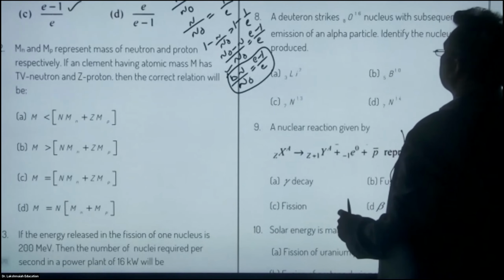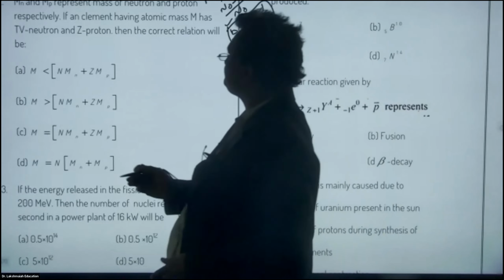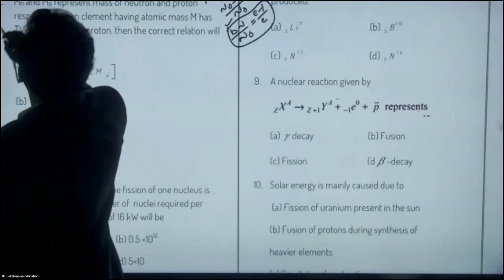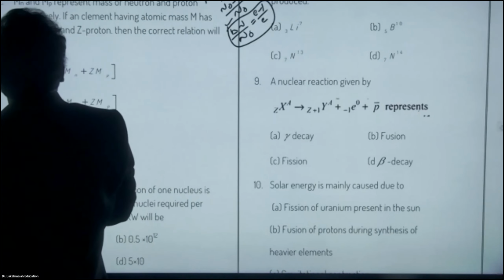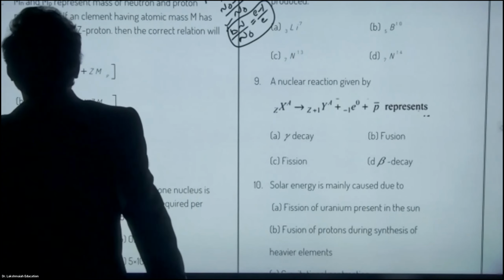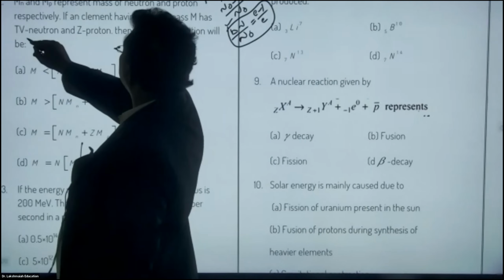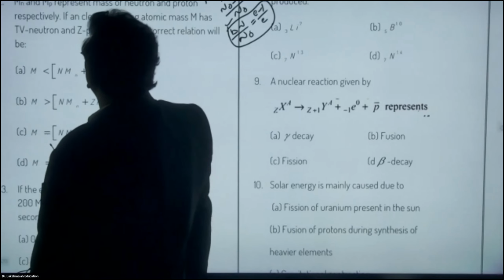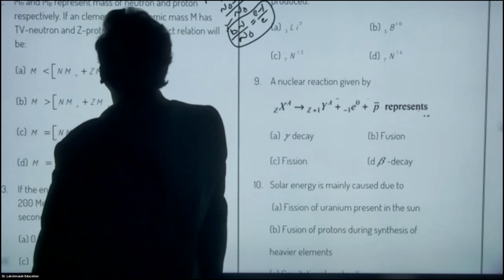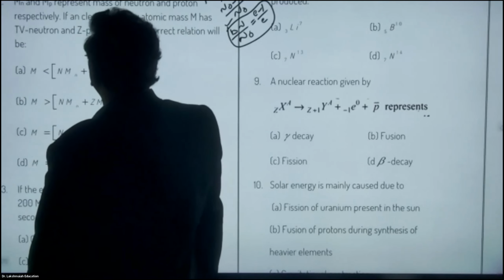See the second question. Mn is the mass of the neutron and Mp is the mass of the proton. If an element having atomic mass M has N neutrons and Z protons, then the correct relation will be, that they are asking.